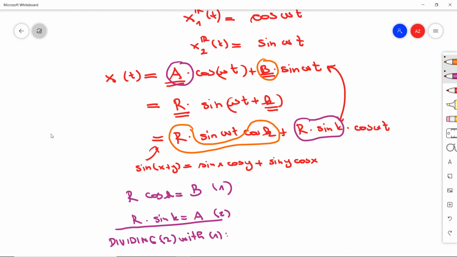That would give us that tangent of k is equal to a over b. So k is then arctangent of a over b.